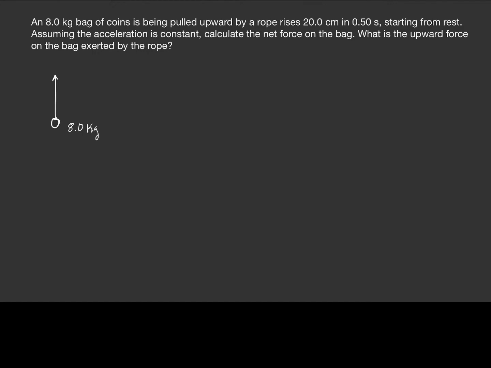It's starting from rest, so that's initial velocity of 0.0 meters per second. And it's being raised 20 centimeters, so from there to there, we know delta y is 20 centimeters. And the time for that change in position is 1/2 of a second, 0.5 seconds.